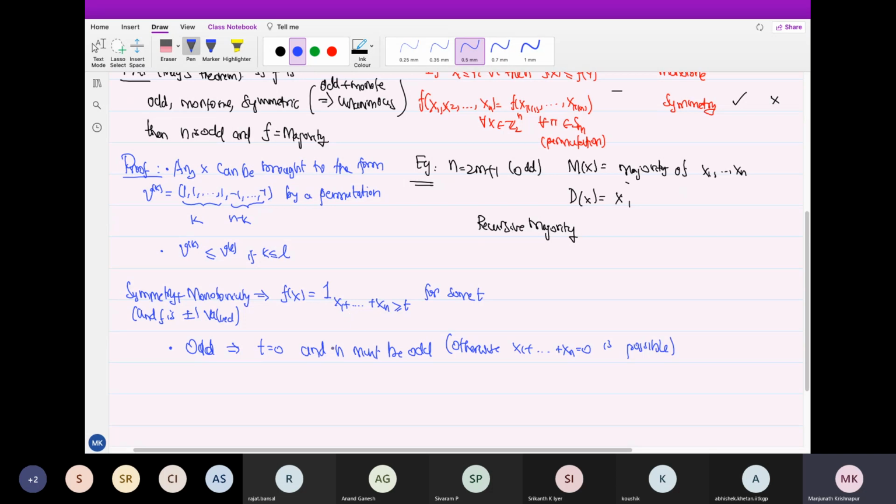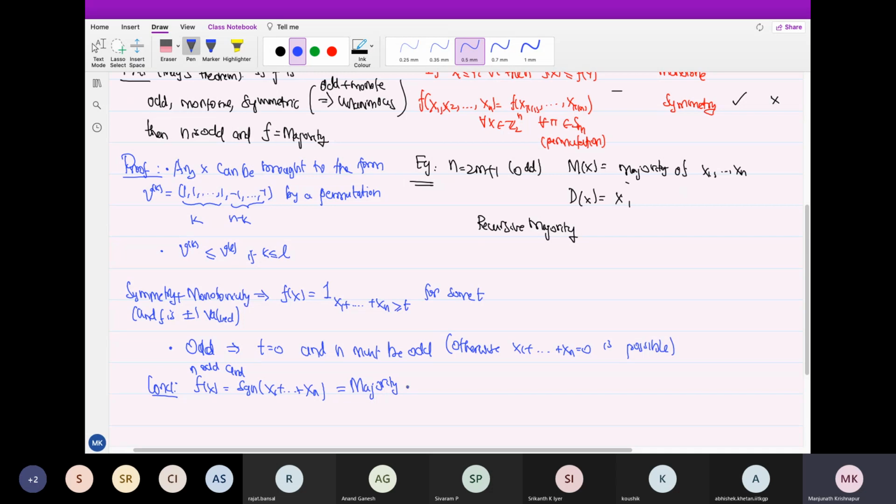So 0 should be the midpoint here, and it should be unattainable. So the conclusion is f(x) is actually the sign of x1 plus up to xn, with n odd, which is actually the majority.